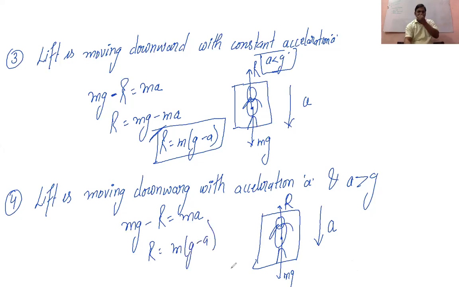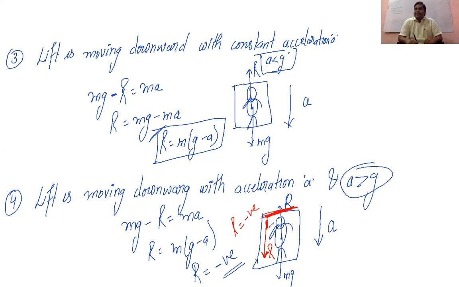Now g is lesser than a, so the reaction force R will be negative. It can be negative only when the person is not here but on this surface, the ceiling. If the person is at this surface, the reaction force will be in this direction, and it will be the negative one.